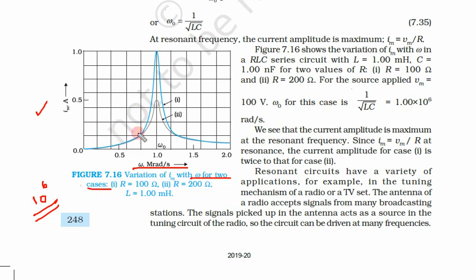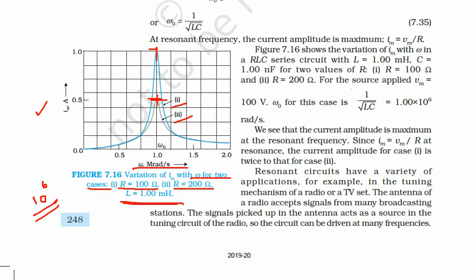In the first case R is equal to 100 ohm, in the second case R is equal to 200 ohm, and L is equal to 1 millihenry. Again you see, at the resonant frequency the amplitude of the current is very large.